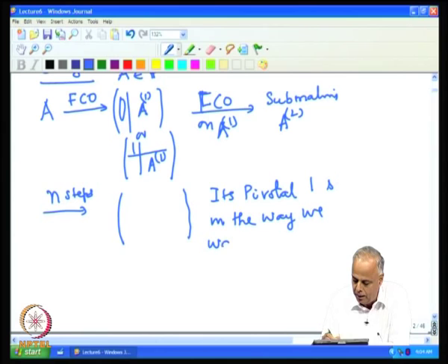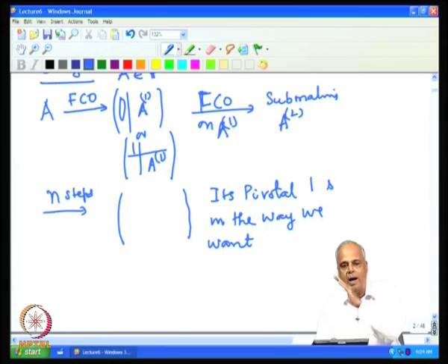What do we mean by that? The pivotal ones will be the first non-zero entry in the non-zero rows, and they will move to the right as we go down the rows, and all the entries below the pivotal ones will be 0.